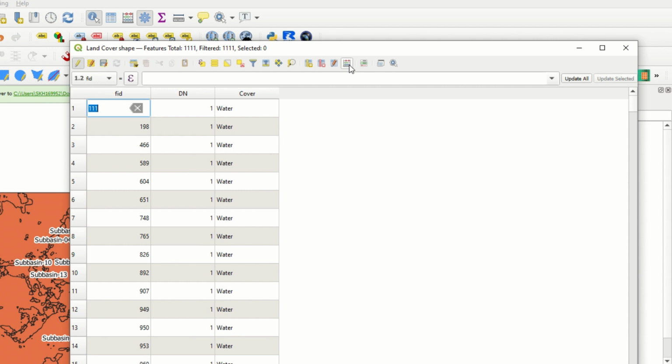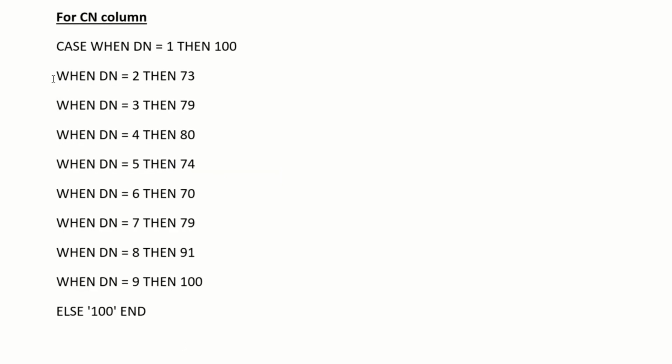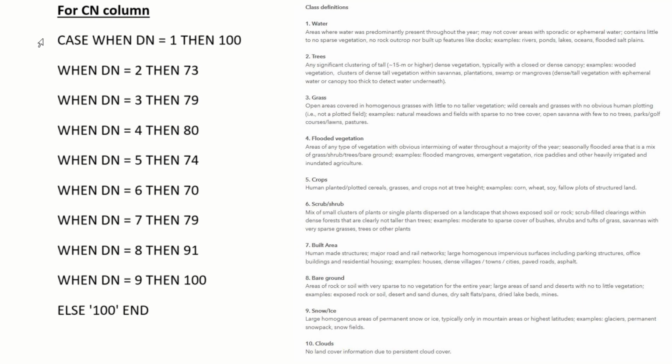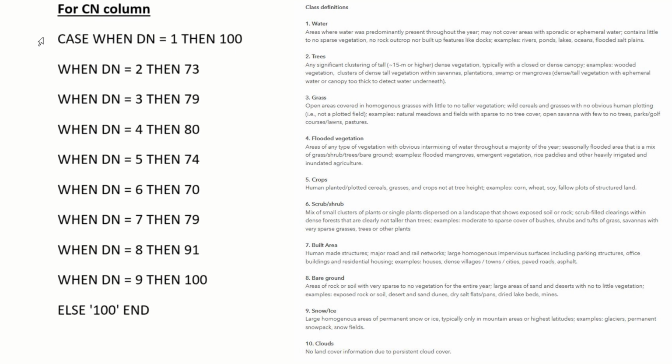We click again on the field calculator and we take this expression that you can find below the video. This expression is the definition that I have given to the different land cover types. For example, if I have number 1, which is water, then I give a curve number 100.